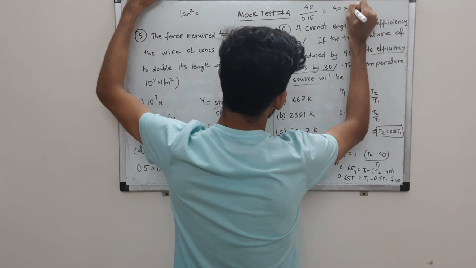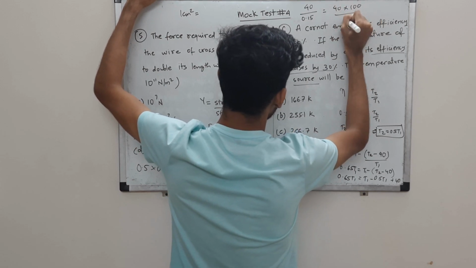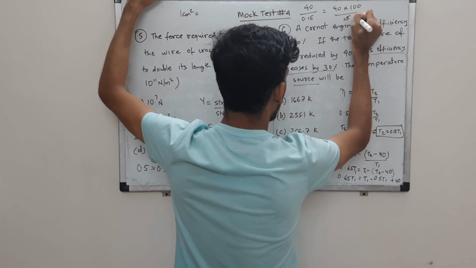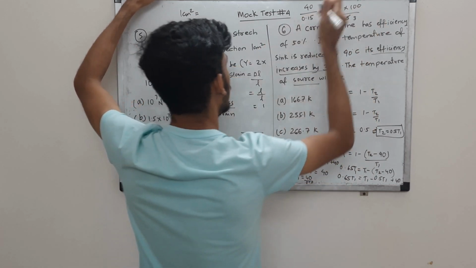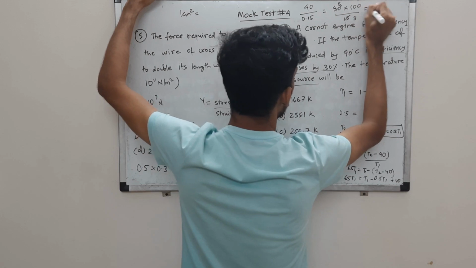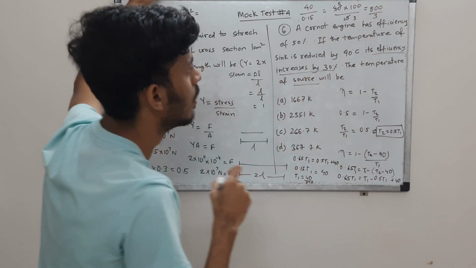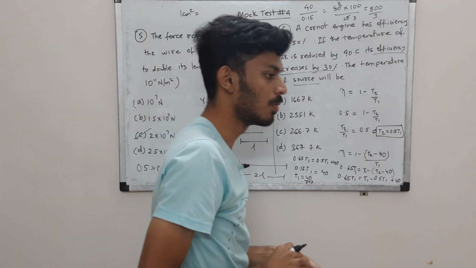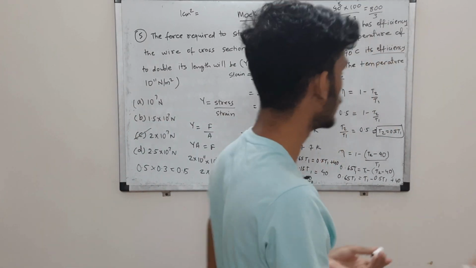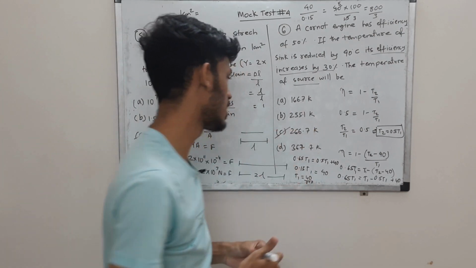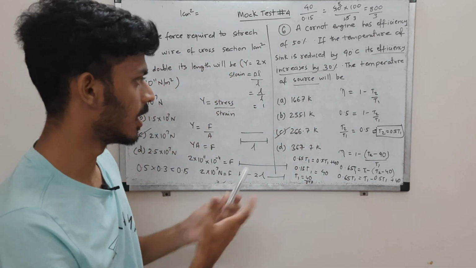So 40, we can multiply it by 100 so that we can shift that. So 5 3s and 5 8s, so 800 by 3. 2 6s are 12, 2 6s are 12, so 266 somewhere over there. Yes, option C, 266.7. That's your answer.